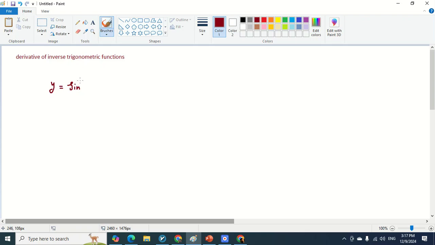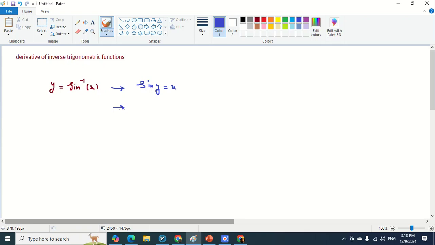So this is the sine inverse of x, and if we want to calculate the derivative of this expression, first of all I try to invert that expression, which means that if I take a sine from both sides, sine of y is equal to x. Right now I can take a derivative from both sides of this expression.